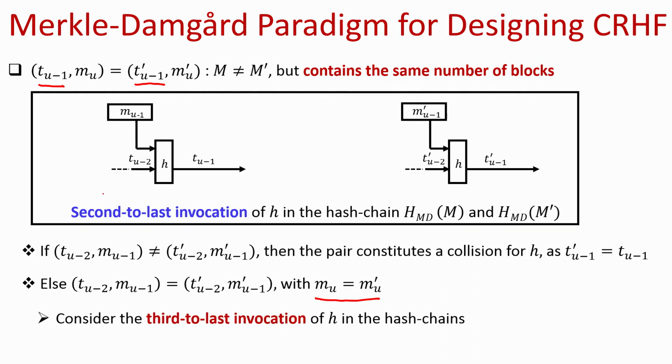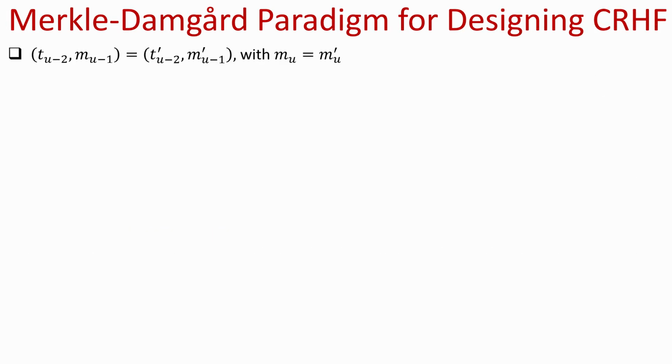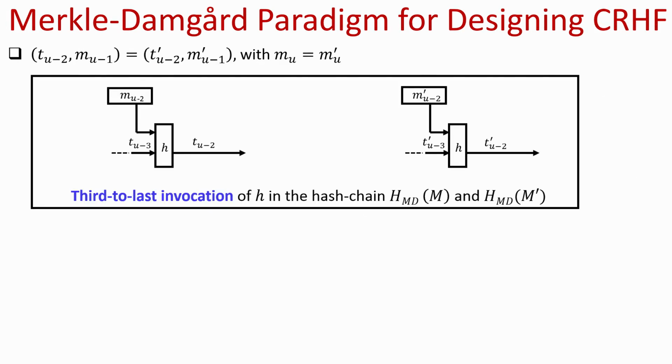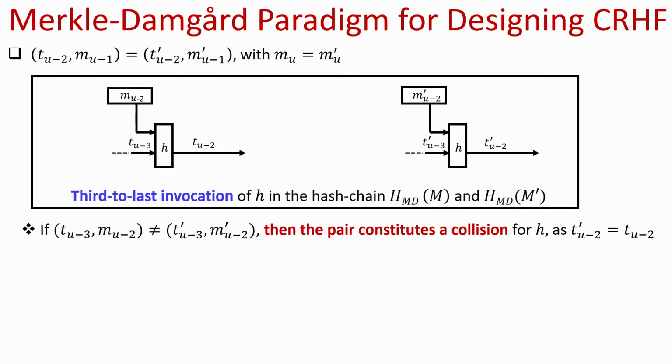Then we have to go one step back in the respective hash chains and focus on the third to last invocation of the little h function. Again we have to argue whether the combined inputs to the little h function in the respective hash chains are the same or not.